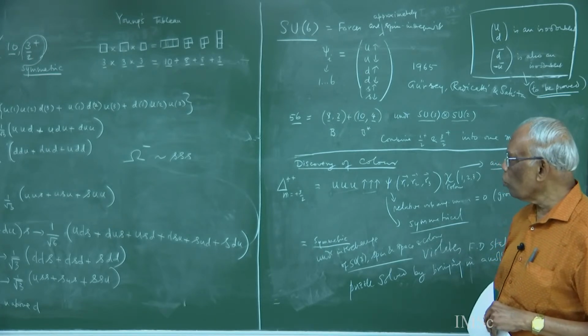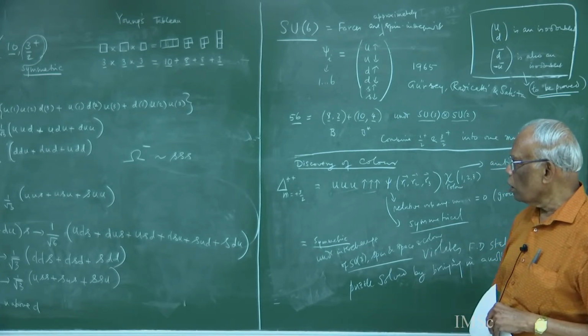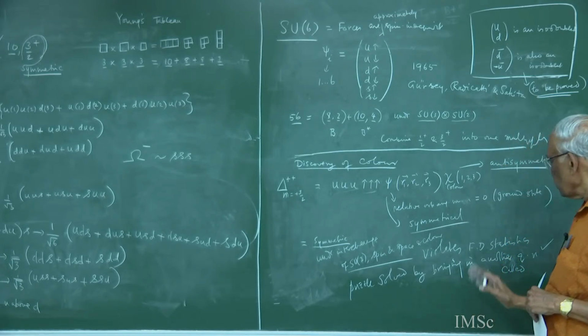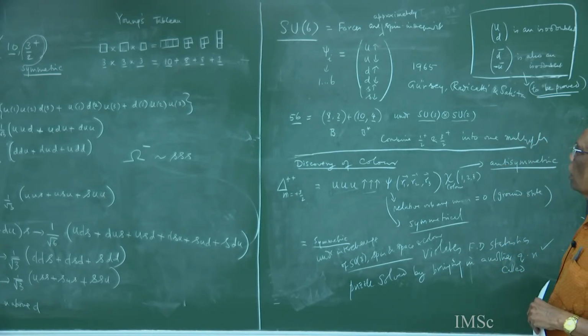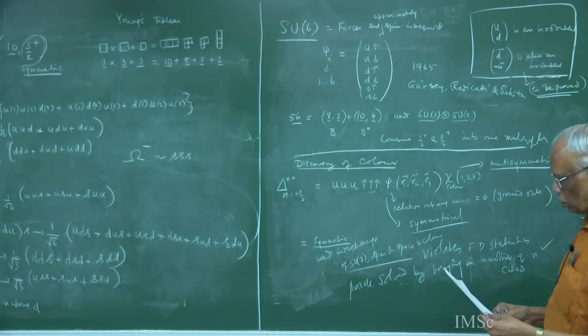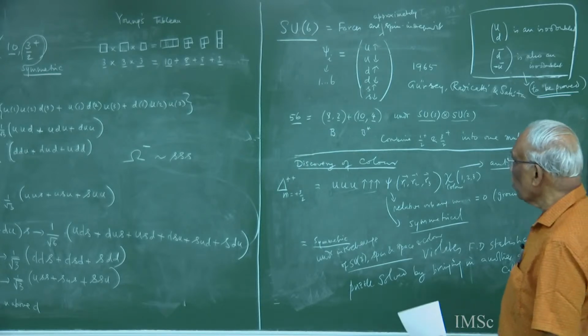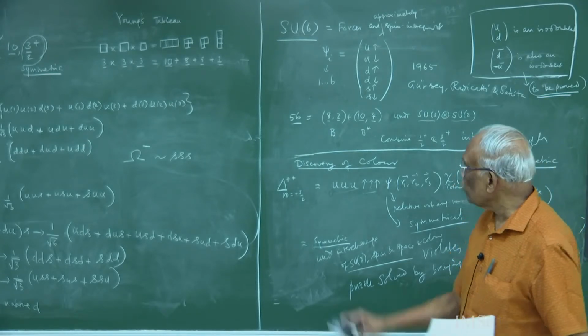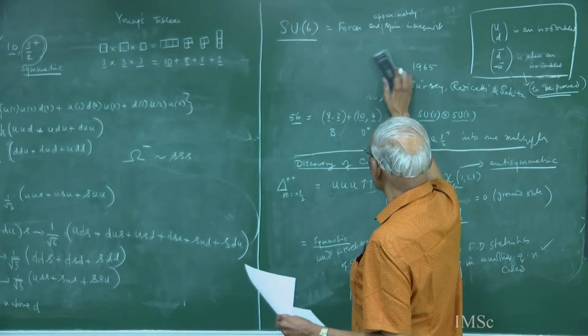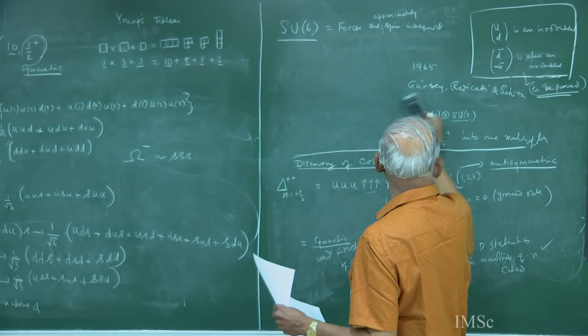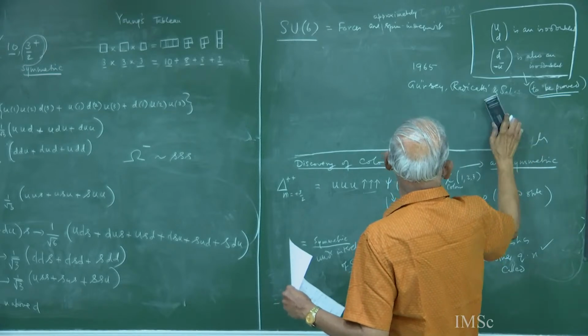But finally, what won is that they do not satisfy parastatistics, they satisfy only Fermi-Dirac statistics, but we have to have an extra quantum number called color. That is the discovery of the color quantum number, which as we know is very important, because from this only came the rest. So now we can forget about these things. What is important is color.